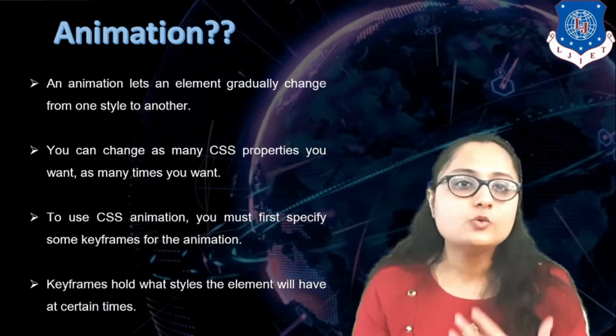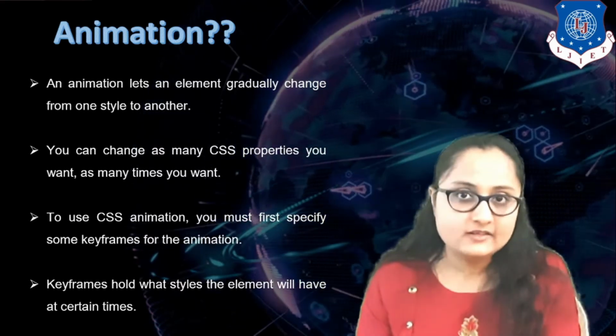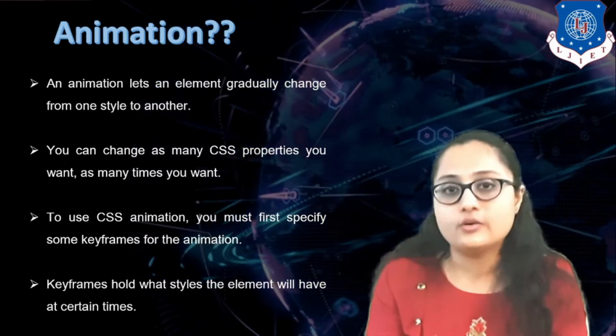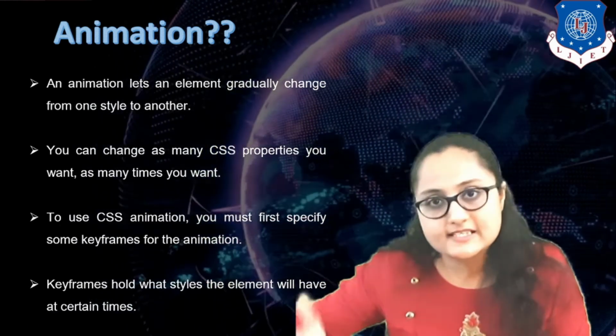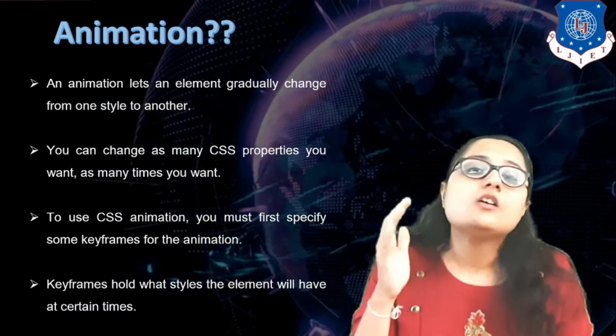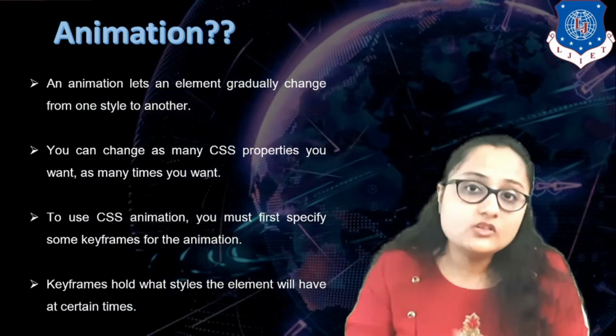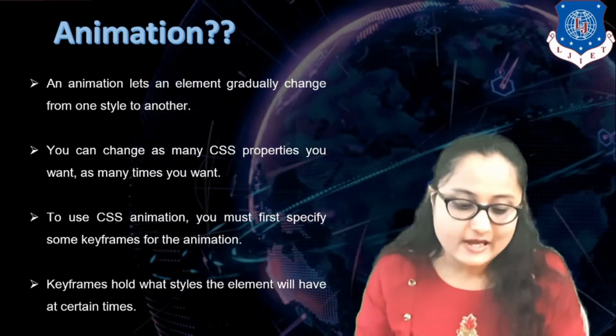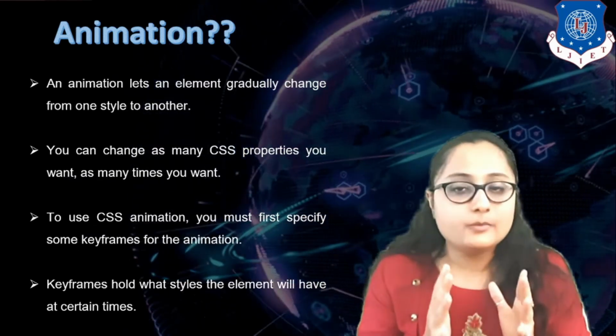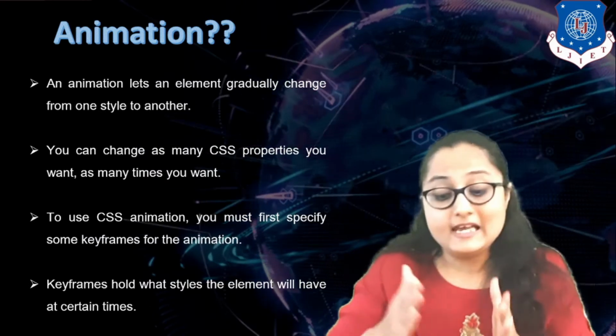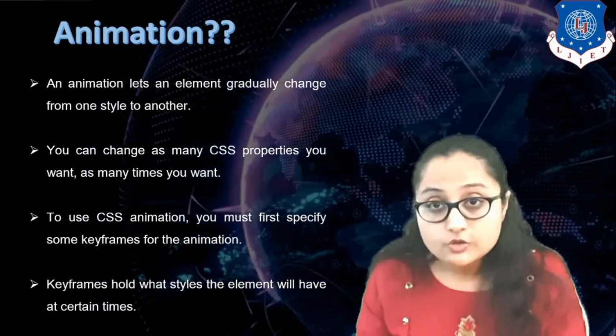But basically you have taken one element, and you are changing the state of that element with respect to the duration. So at duration 1 you have a particular state of an element, at duration 2 you have another state.